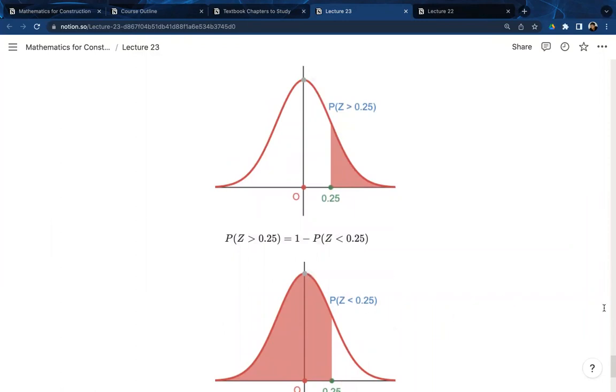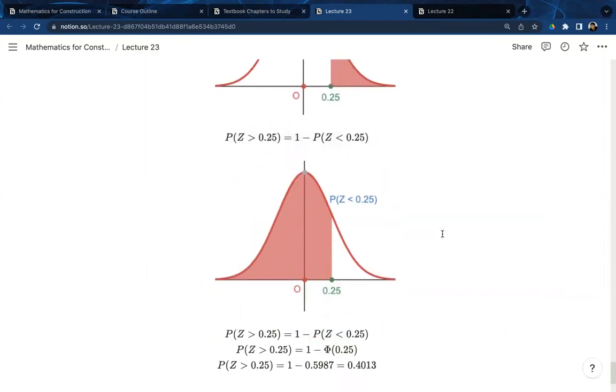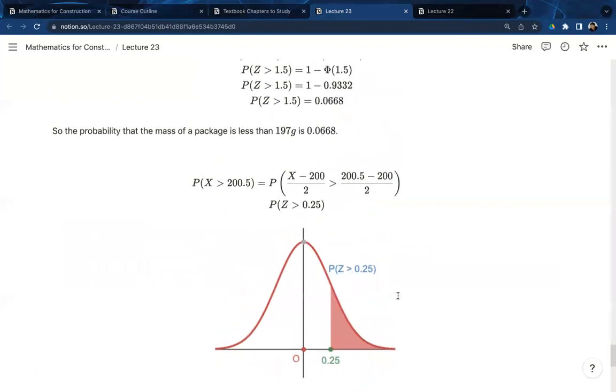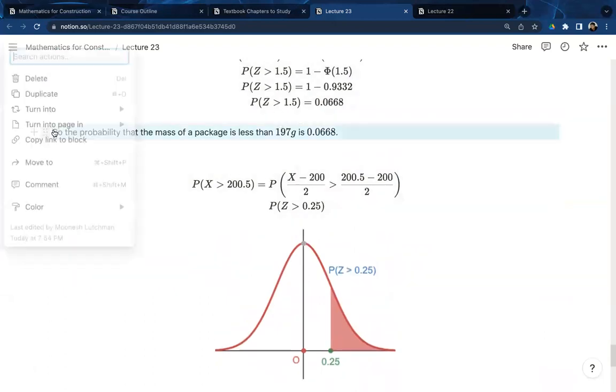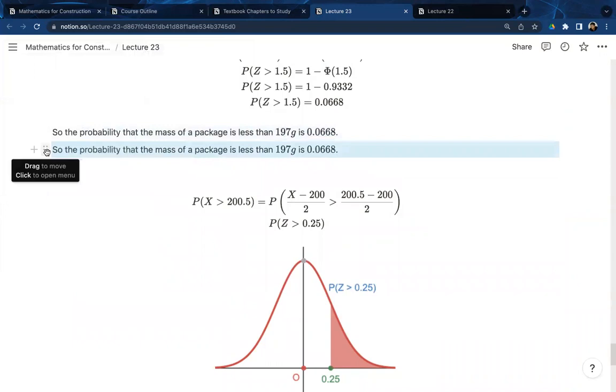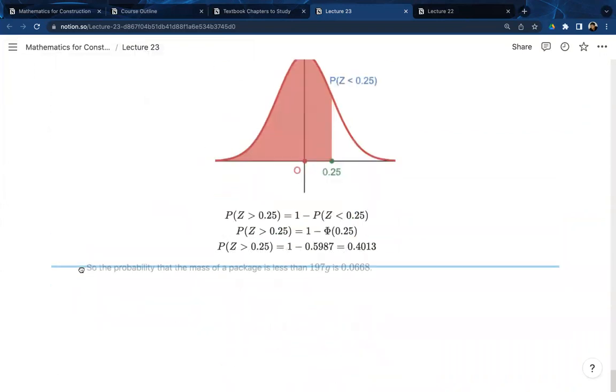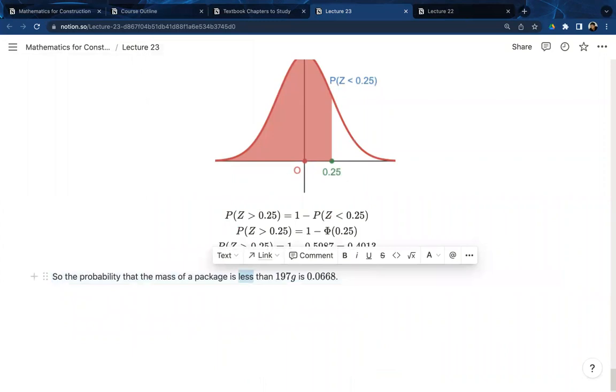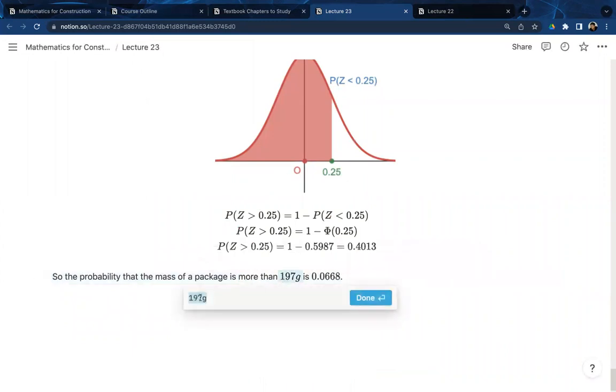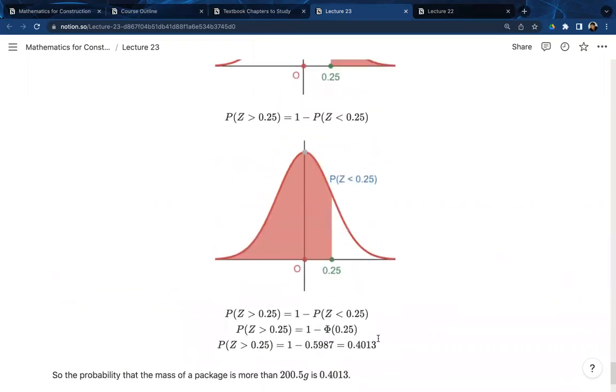So the diagrams help you justify how to mix and match to find the area. And then we just continue with the working. So this one wasn't so bad. The probability that this package is more than 200.5 is 0.4013. There's the answer here.